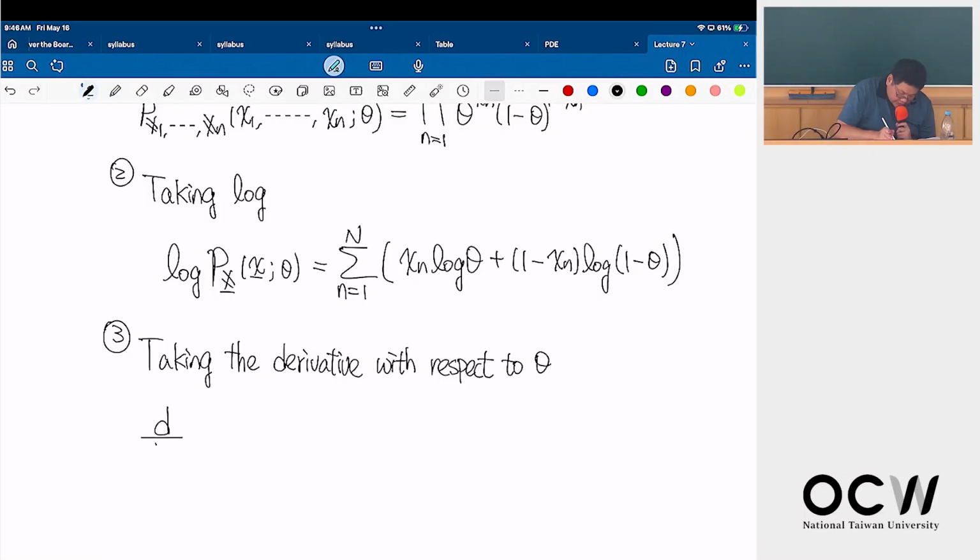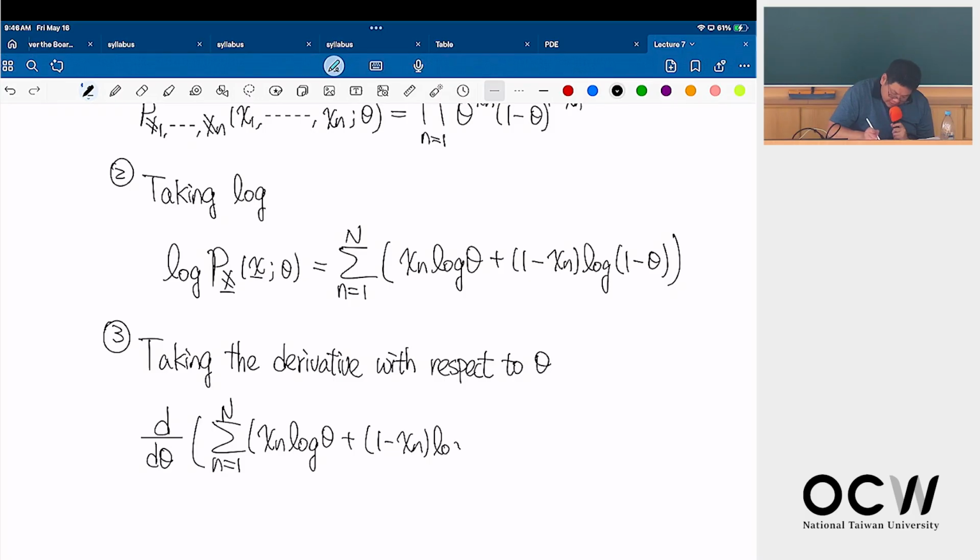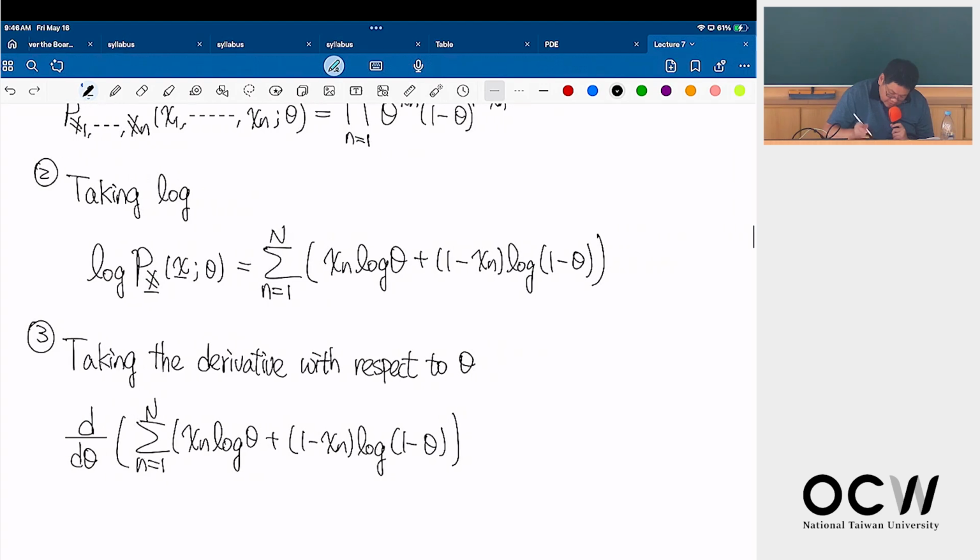On the right-hand side, we have 1 minus xn times log 1 minus theta. And it should be 0.